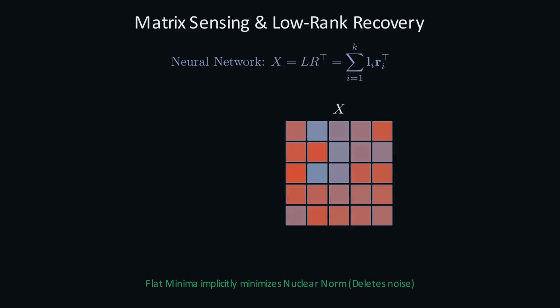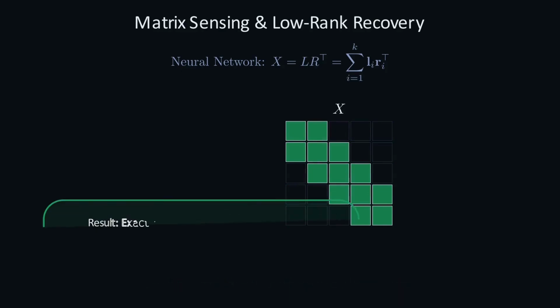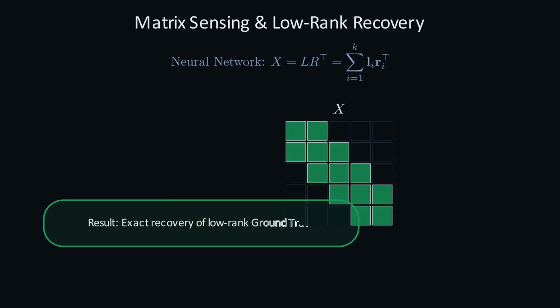However, mathematical theorems show that if gradient descent converges at a flat minimum, this flatness, measured by the trace of the Hessian matrix, is equivalent to minimizing the nuclear norm of the output matrix. Minimizing the nuclear norm is effectively minimizing the rank of the matrix.